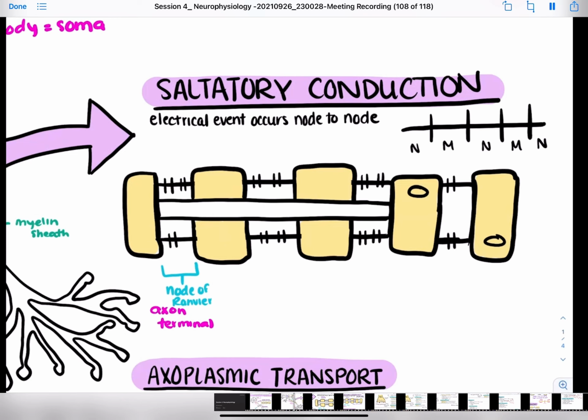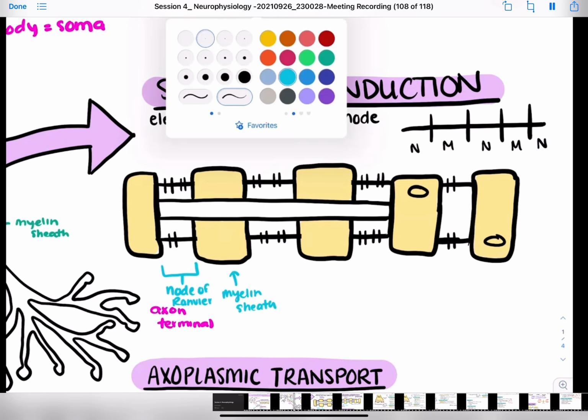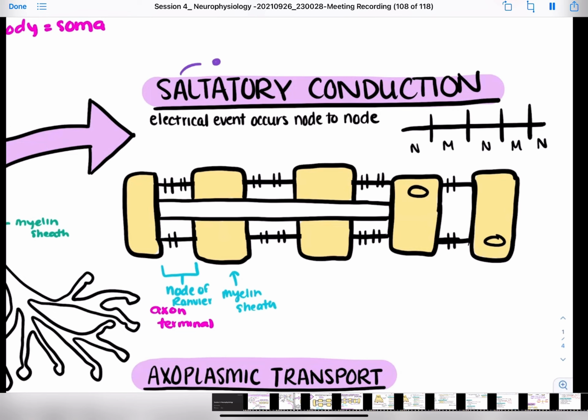And here's that myelin sheath I pointed out before. What happens during saltatory conduction is sodium, that's where the term salt comes in, right? Because sodium chloride is our table salt. So sodium, which I'm going to draw with this purple dot. I'm not going to write the word sodium again, I'm just going to draw purple dots. So now you guys know.